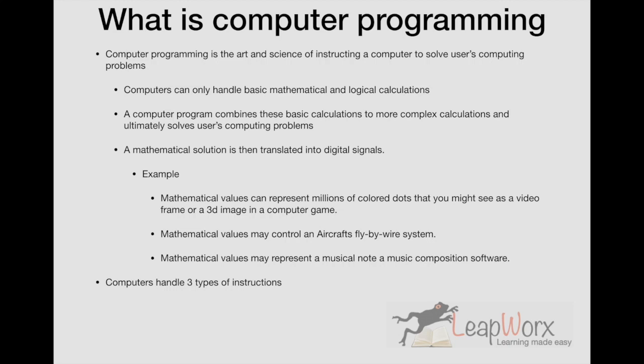So that said, what kind of instructions do you give to the computer? The first one, of course, is computing instructions. Then you can also ask the computer to take some logical decisions. You can ask it to compare different numbers and tell which is larger, which is lesser.